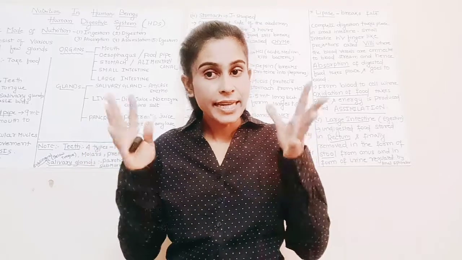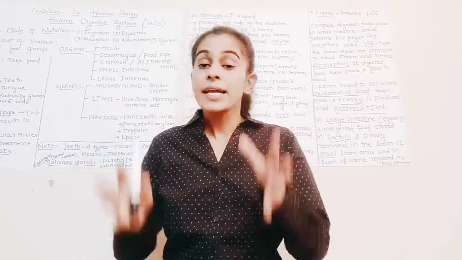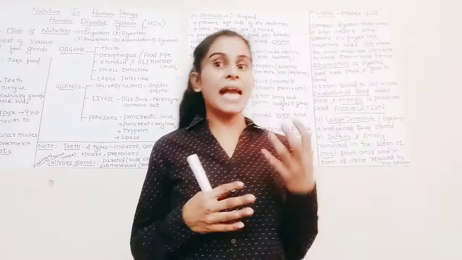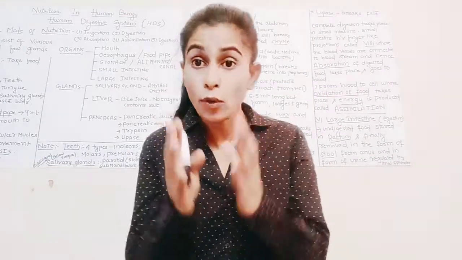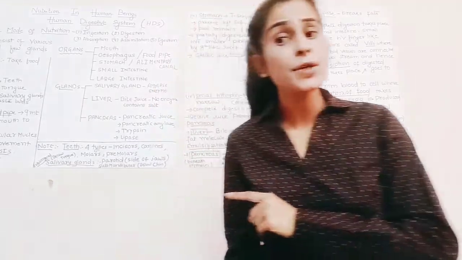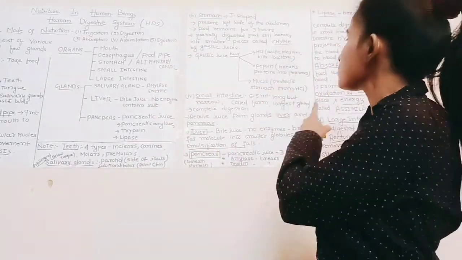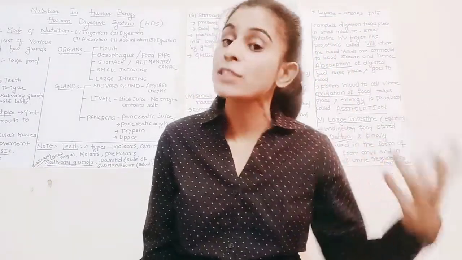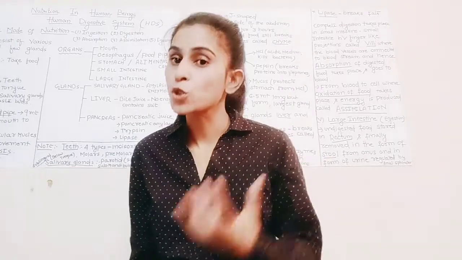It creates an acidic medium in which the second gastric juice, pepsin, becomes activated. So pepsin only works in an acidic medium. And what is the use of pepsin? This pepsin breaks the protein particles present in the food into peptones.